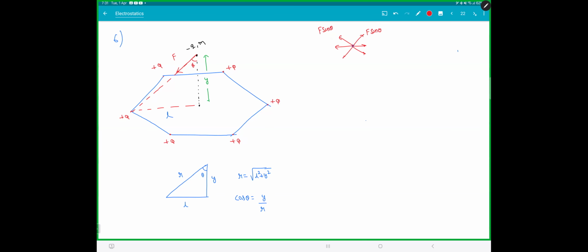So each force can be resolved into 2 components, F sin theta and F cos theta. And you'll have 6 F cos thetas acting downward. By symmetry, you can clearly see all F sin thetas cancel out.